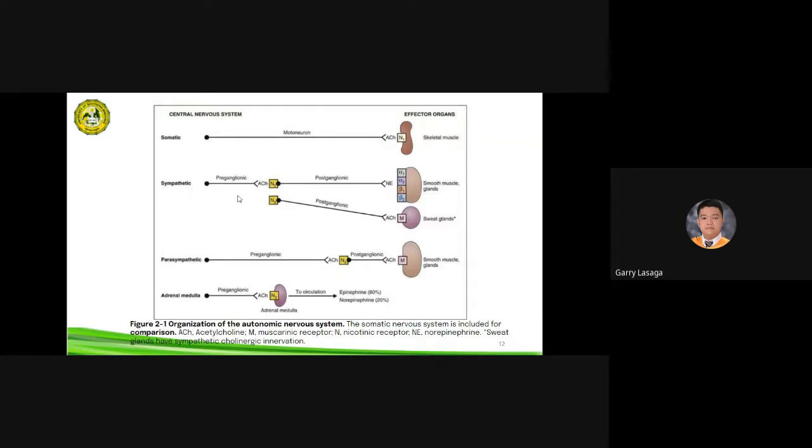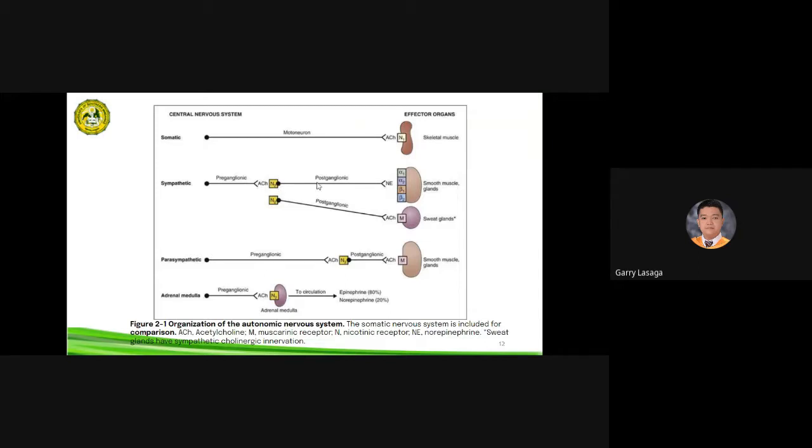For the sympathetic nervous system, the preganglionic neuron will release the neurotransmitter acetylcholine. This N2 here refers to the nicotinic acetylcholine receptor, so it is a nicotinic receptor. This portion here is also known as the autonomic ganglia, where the cell bodies of our nerves are located.